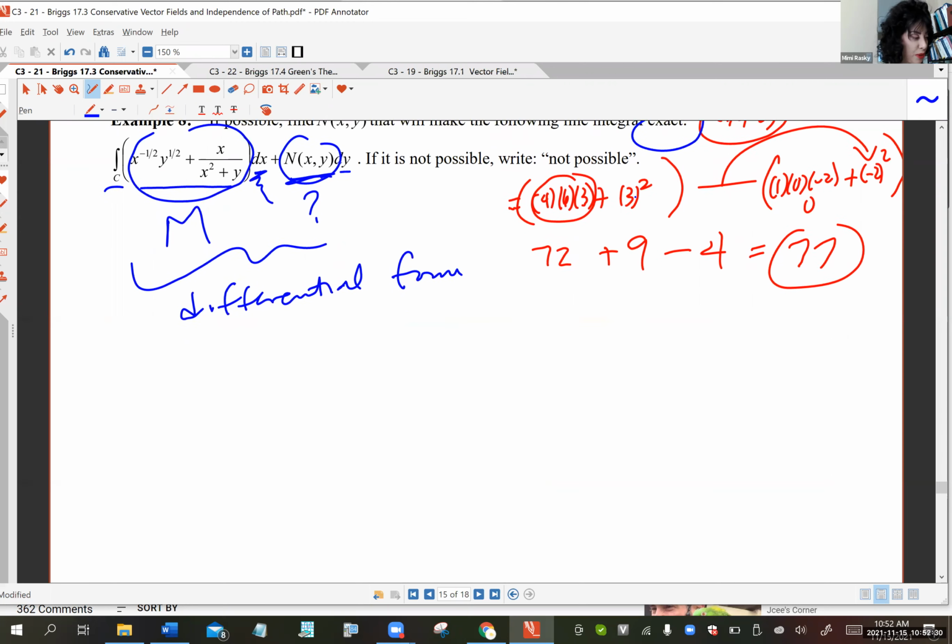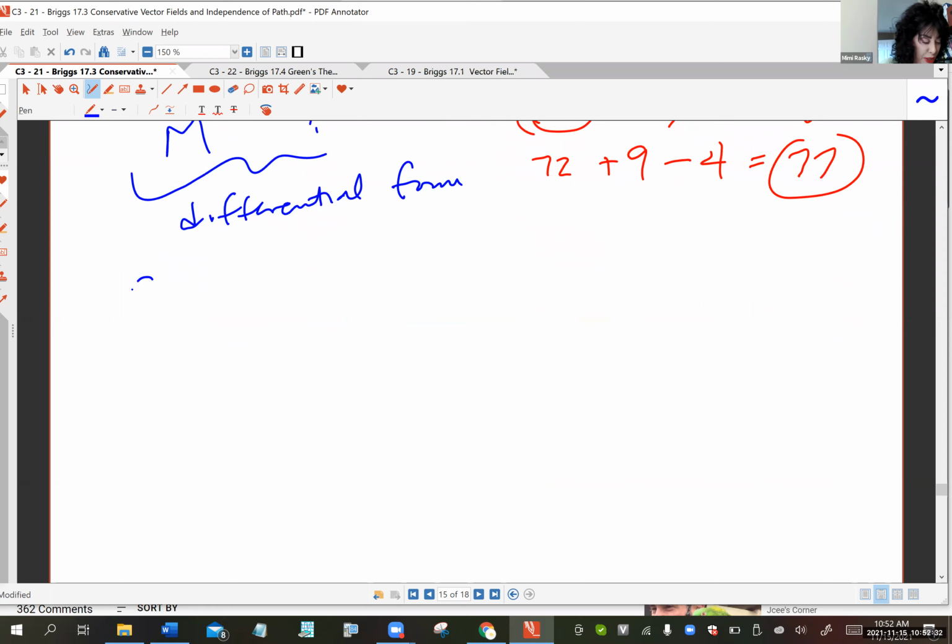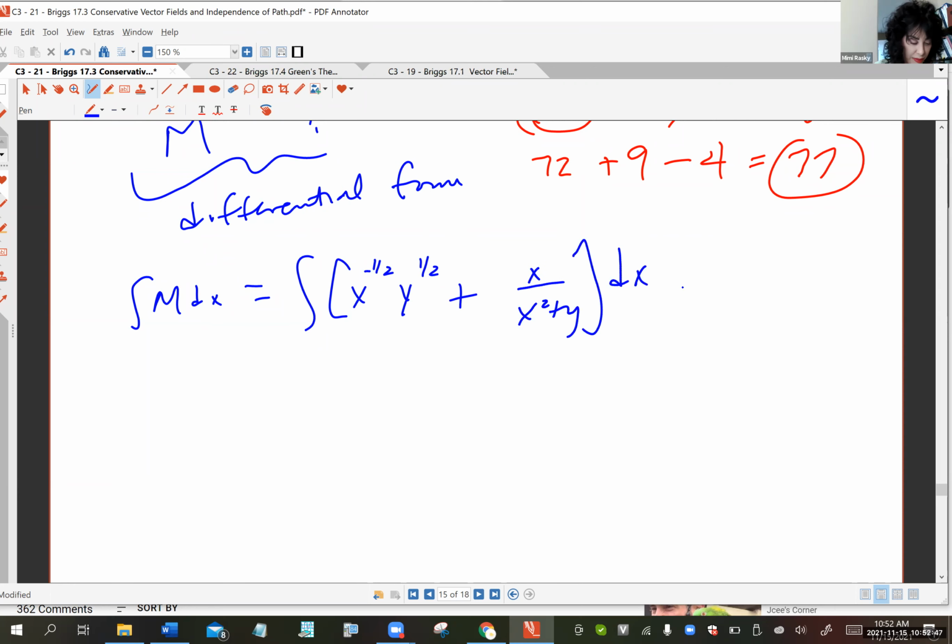So the way that you do this problem is very carefully. You first go find the integral of m dx. That would mean taking the integral of x to the -1/2, y to the 1/2, plus x over x squared plus y, dx.